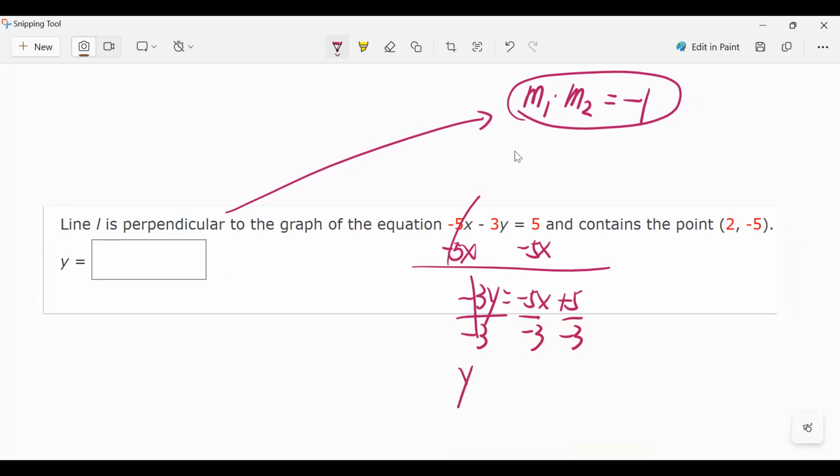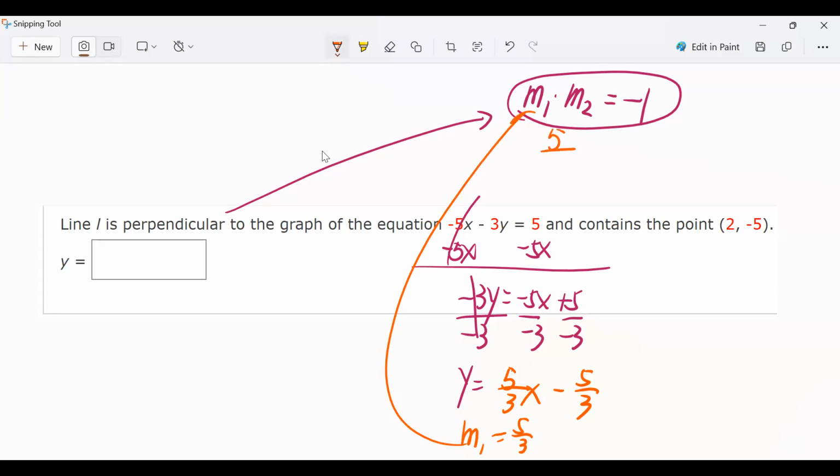Cancel that, and y is equal to, both negatives turning positive, 5/3 x minus 5/3. So the slope for line number 1 is m1 equal to 5/3.